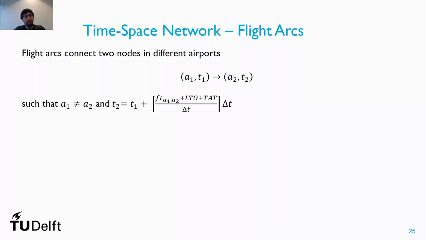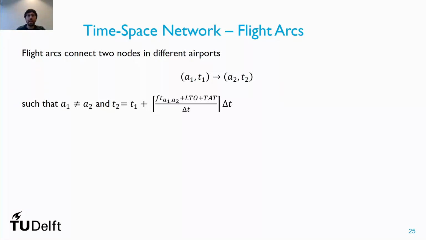Actually, the formula we use is there's a connection between 2 airports such that T2, the timestamp in the destination airport, is T1 plus this expression you see right there, which basically defines a multiple of our delta T, and the multiple is such that we consider the flying time.